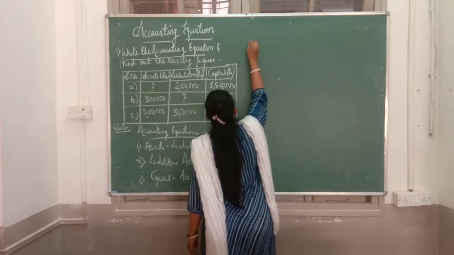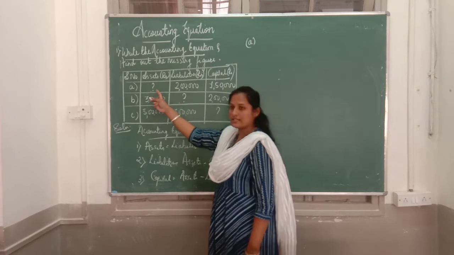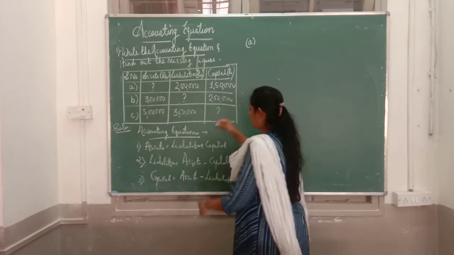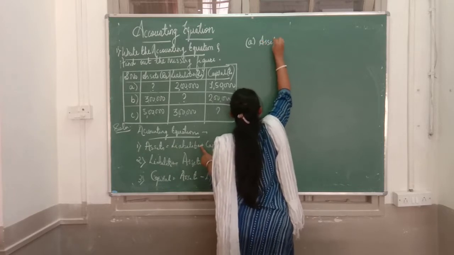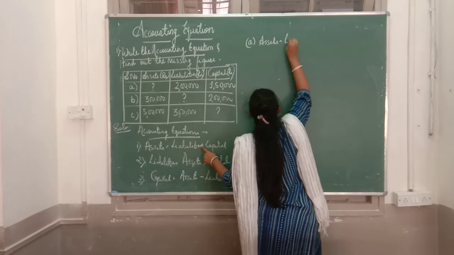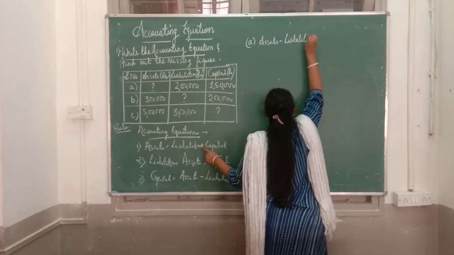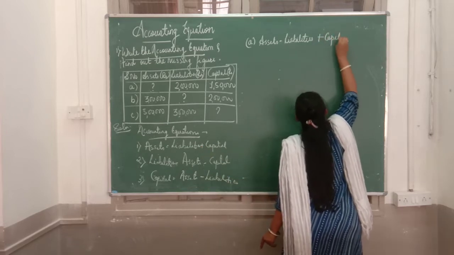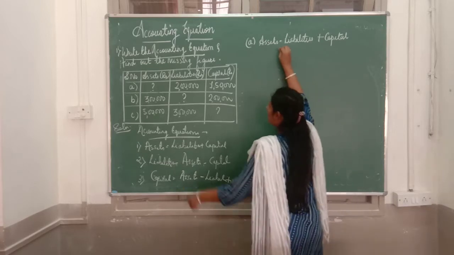First, A. In A, what is missing here? Assets is missing. If assets is missing, take this formula: assets is equal to liabilities plus capital. Now, what is the liability?